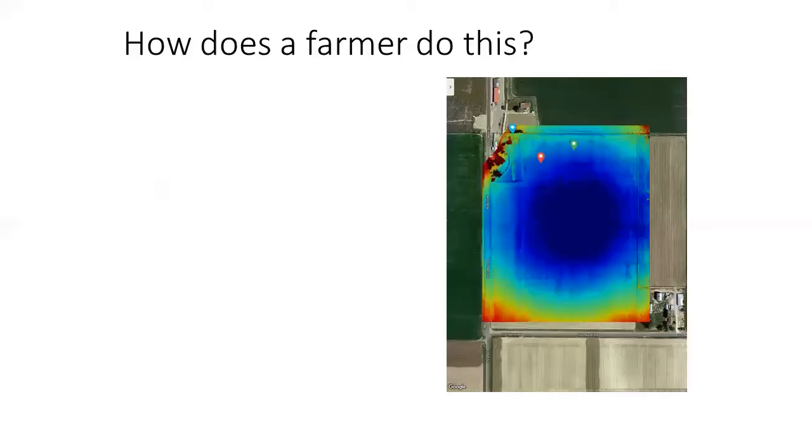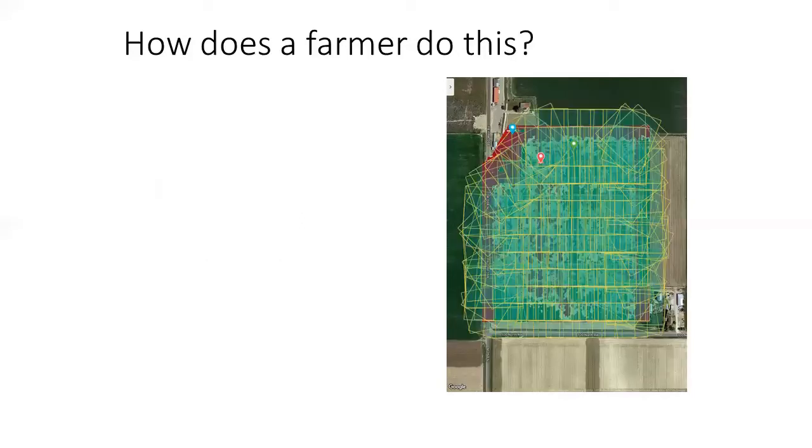When you're using something like this, you're going to create a flight plan through the software. You identify the field that you want to fly, and the software is going to calculate how many pictures need to be taken and where the drone is going to fly across that field to take those pictures.